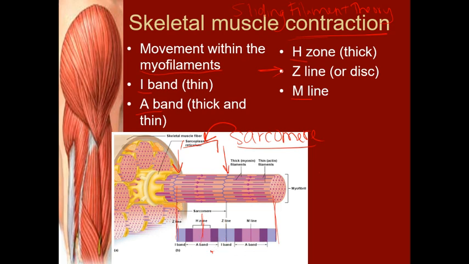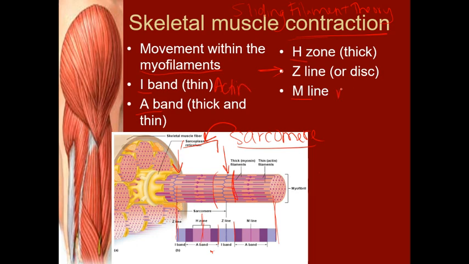Then we have the I band. You can see on this diagram, the I band consists of only right here to here. So it's in between right here and here. If you look, you can only see the little blue color of the actin. So there's only actin in here.